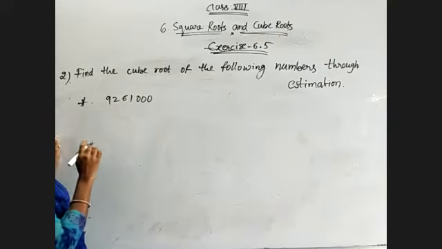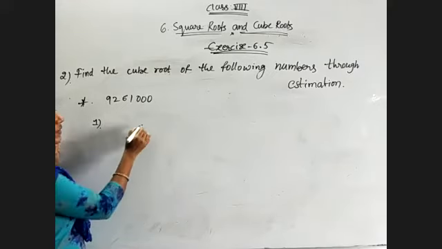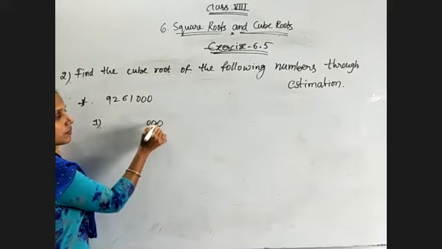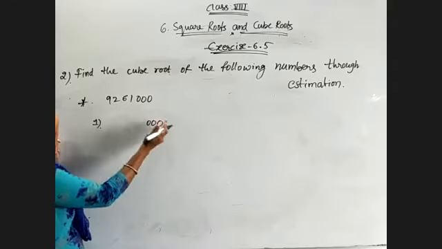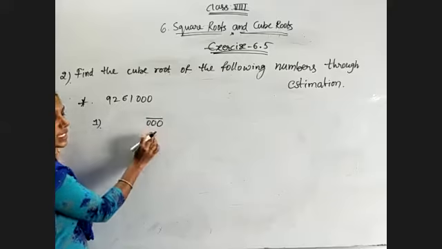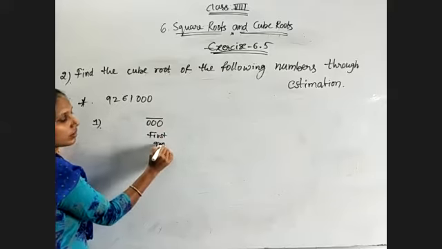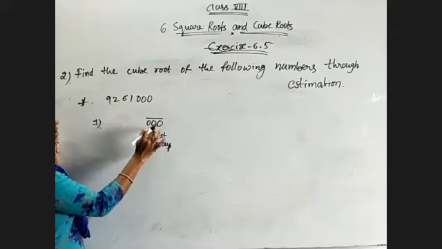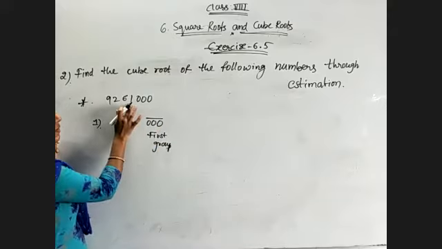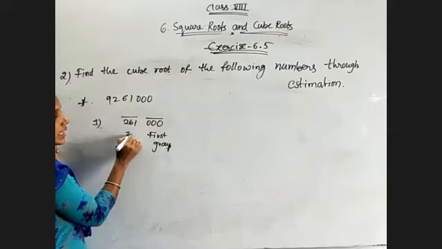So in the first step, what we have to do? First, we need to group the given number. From the right side, we need to group the numbers. Every three digits, we take one bar, which means it is the first group. The last 3 digits are zeros, it is the first group. And after that, 261 is my second group.